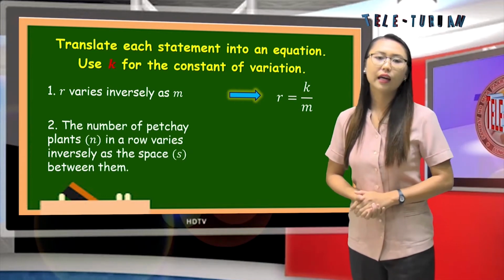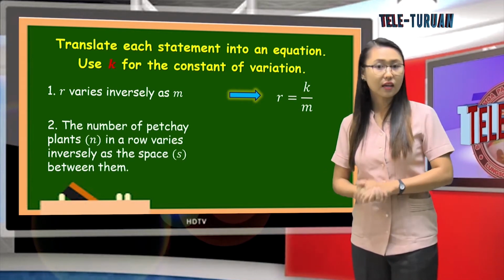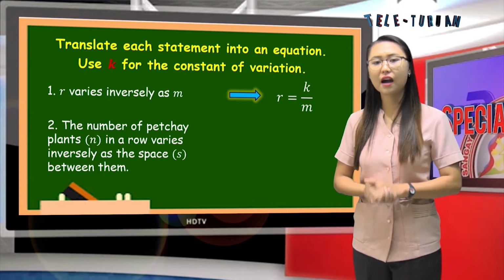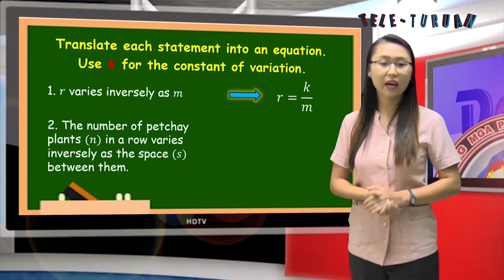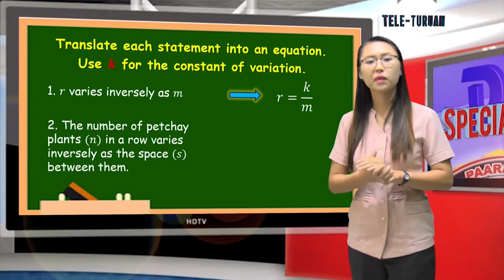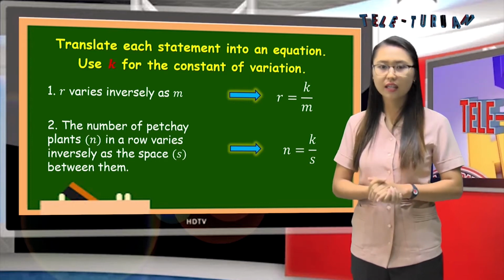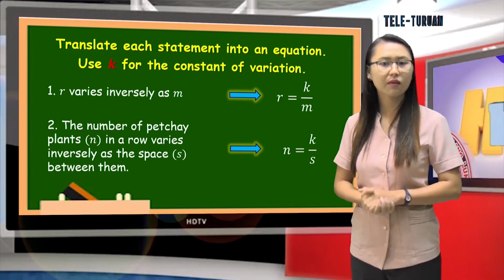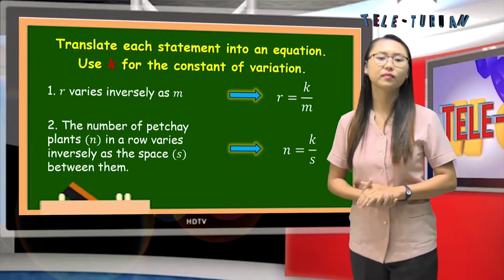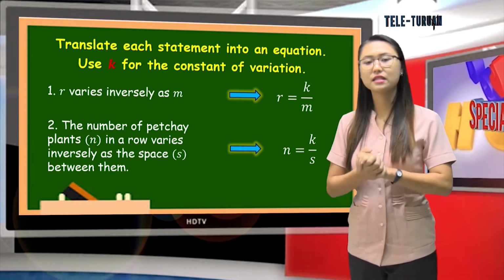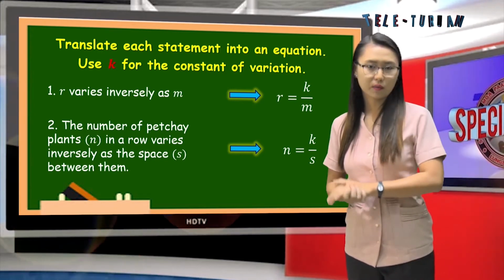Number 2, the number of pechay plants N in a row varies inversely as the space S between them may be translated as N is equal to K over S. That is how to translate a statement into an equation.